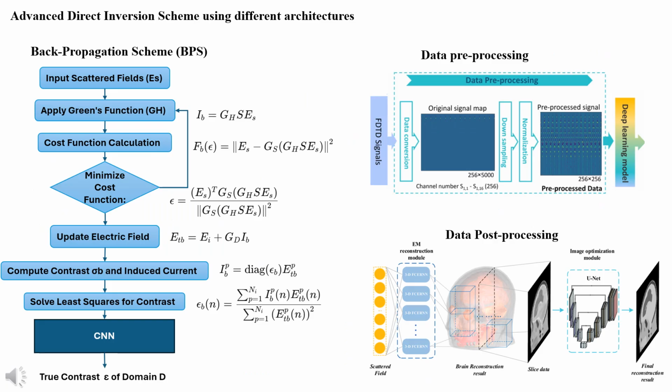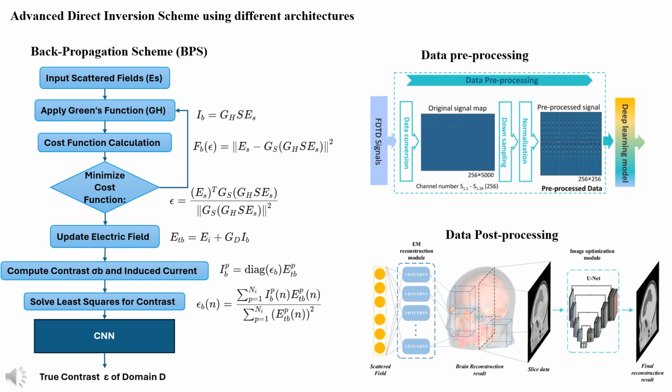Since the convolutional neural network, CNN, directly maps the input data, scattered electromagnetic fields, to the output, permittivity profiles, there is no need for the iterative, computationally intensive processes often required in solving inverse problems. This makes the direct inversion scheme, DIS, particularly valuable for real-time applications, such as emergency brain imaging during critical medical events like strokes, where rapid diagnosis is crucial.